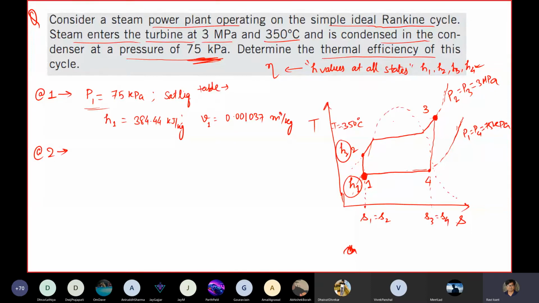So what are the other details we have? We also have that this is isentropic, and pressure P2 is equal to 3 megapascal and S1 is equal to S2. These two things are given. So either we can calculate H2 directly from the table, or there is one more way to do that.